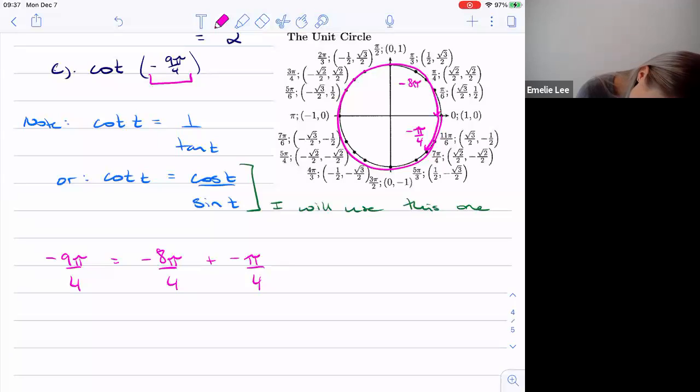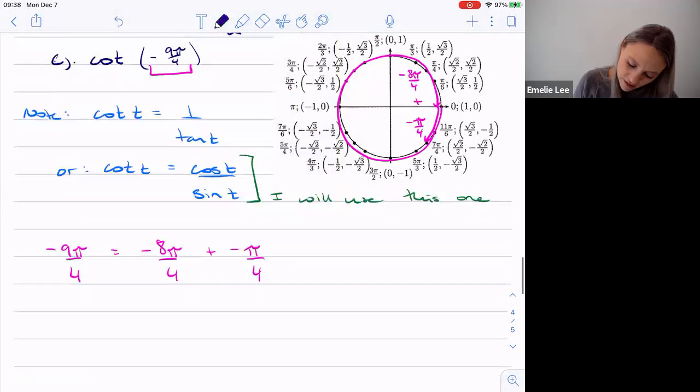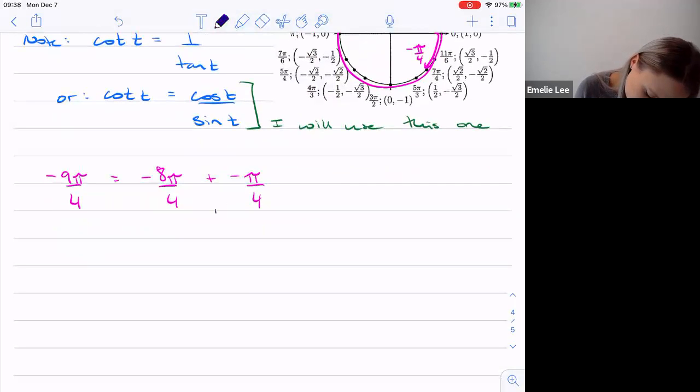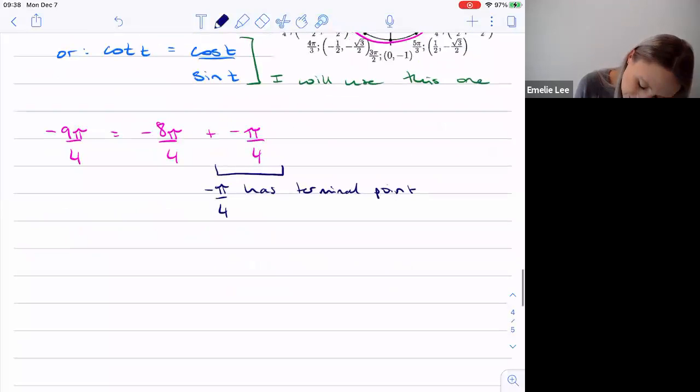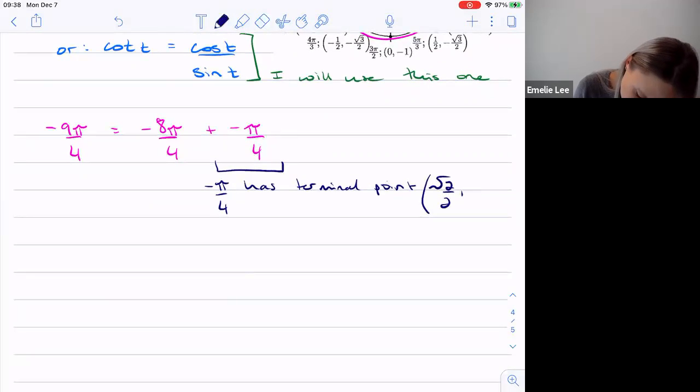So here's negative 8 pi over 4 plus negative pi over 4. Either way, we find the terminal point of negative pi over 4. Negative pi over 4 has terminal point root 2 over 2 and negative root 2 over 2.